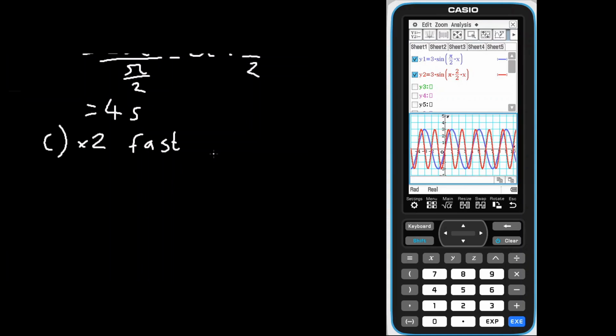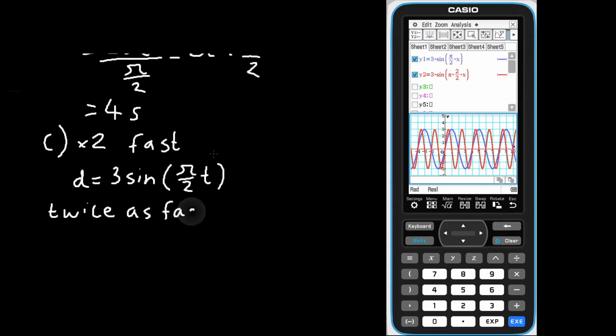So we originally started off with D is equal to 3 sine of pi on 2 times by t. Twice as fast would be equal to, keep it the same amplitude.